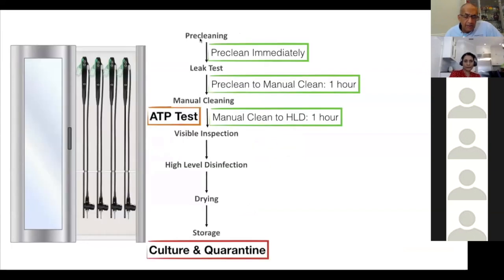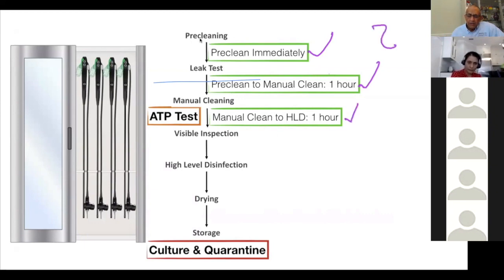I would make it an administrative executive order to tell all my nursing staff, technicians, and physician faculty that once the scope comes out, it doesn't matter whether you're going to reuse it, that scope is immediately pre-cleaned, and then a runner takes the scope to the cleaning area. From pre-clean to manual cleaning, it happens in 1 hour. And from manual cleaning to high-level disinfection in 1 hour.